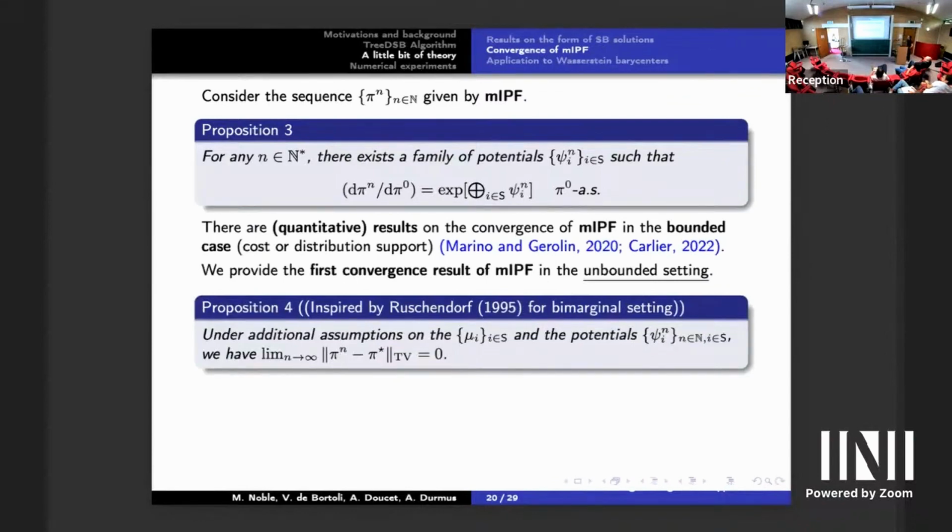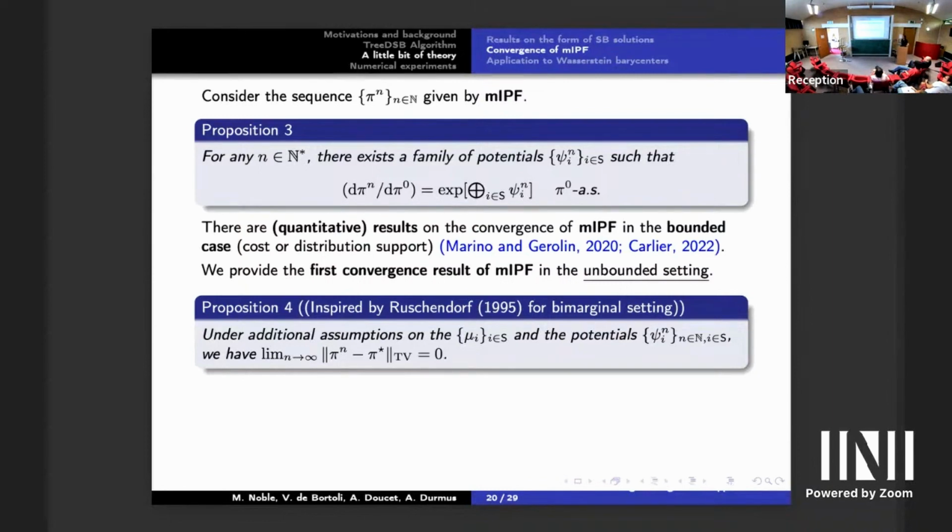And so, based on this formulation, there were plenty of results, some quantitative, some non-quantitative, on the convergence. For now, because we have Alain in this room who's going to provide really successful things, we have quantitative results, but only for the bounded setting, bounded cost.